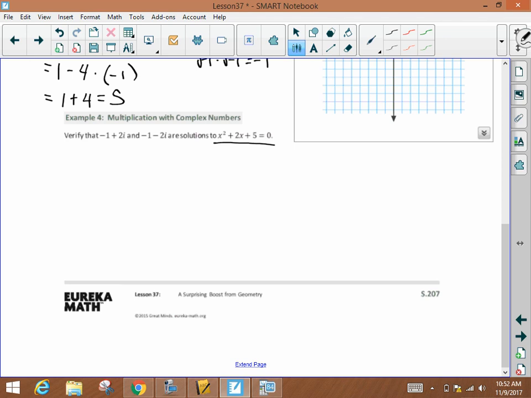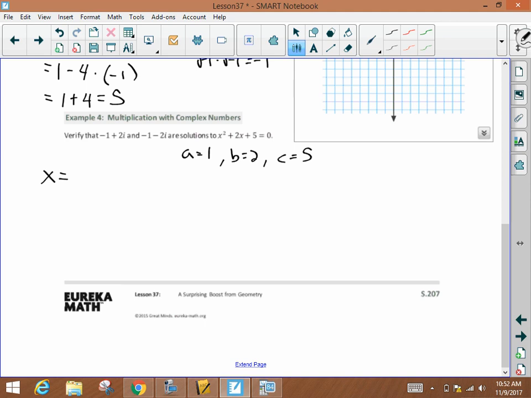What do we do when we have a quadratic equation that's not factorable? We definitely, every single time, use the quadratic formula. I'm so proud of you. All right, so we have A equals 1, B equals 2, and C equals 5. We're going to plug those in there.